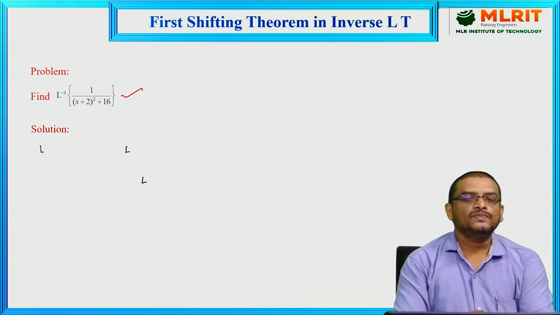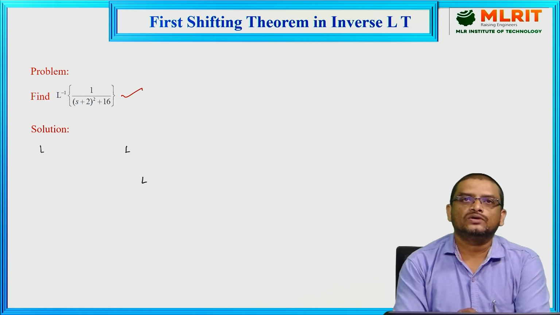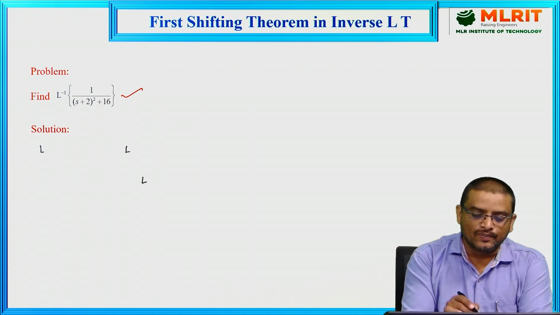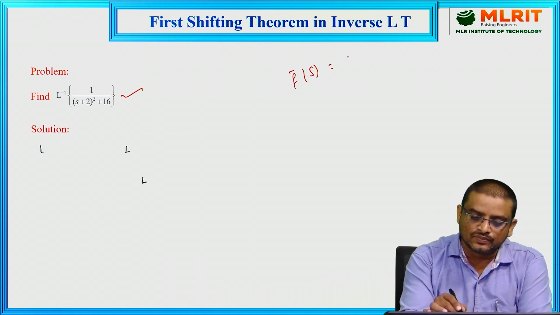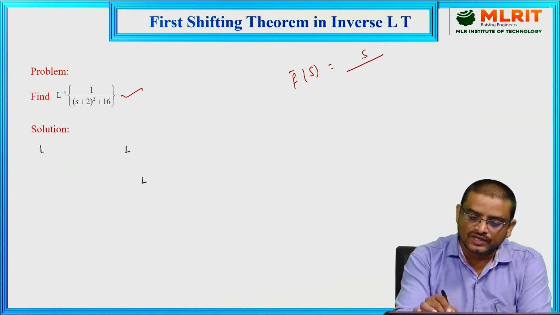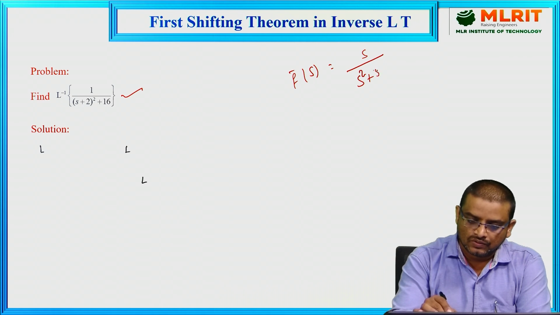In the previous video we have seen how to find the inverse Laplace transform using partial fractions. Whenever we have the denominator in the f bar of s, suppose imagine that this is the f bar of s: s by s square plus 5s plus 6.